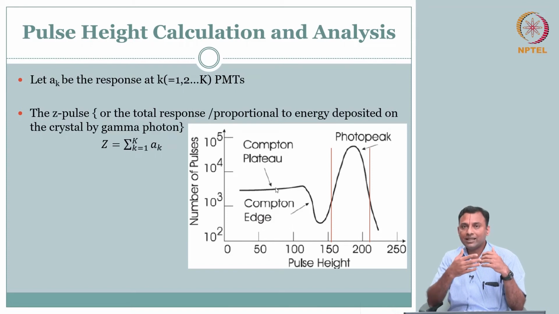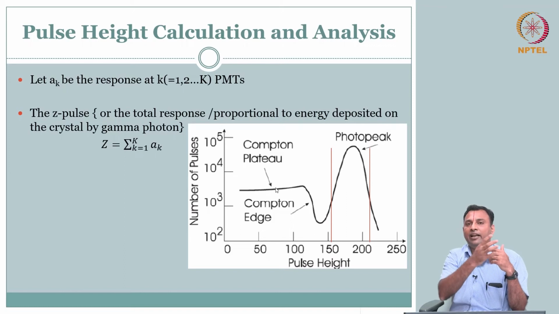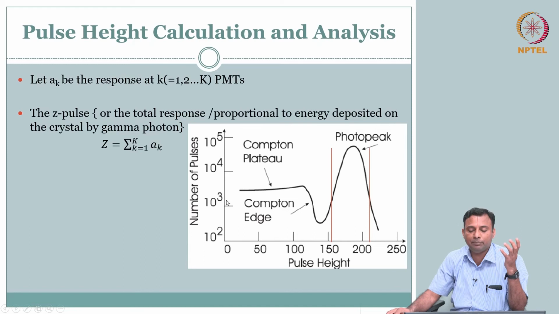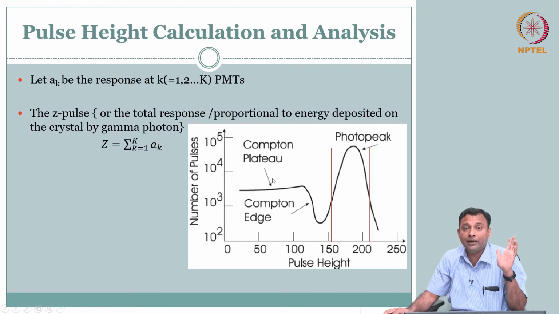The Compton scattered photon will go to a different location and may generate light photons there. So the pulse height is related to the energy, and you will see a strong plateau. Compton scattering is there throughout, but we can recognize it from the plateau.